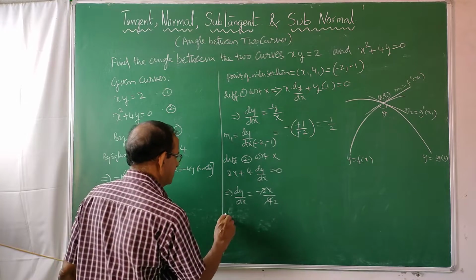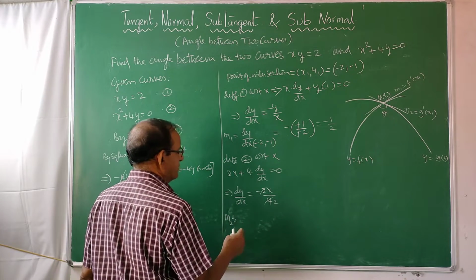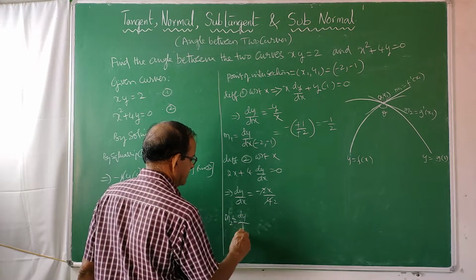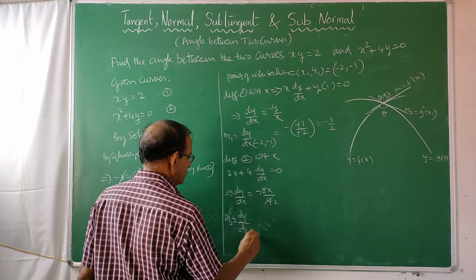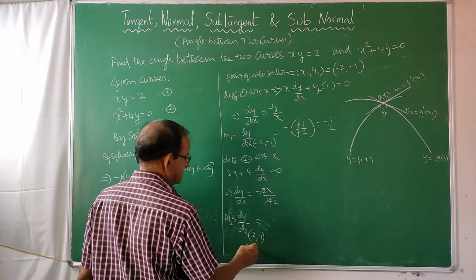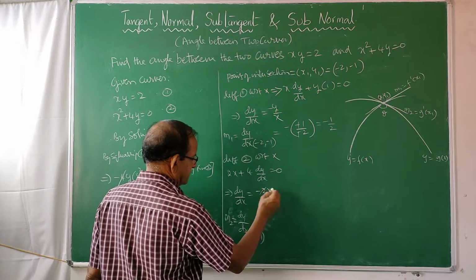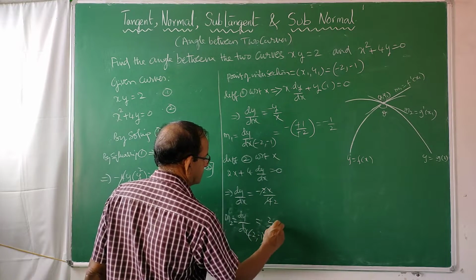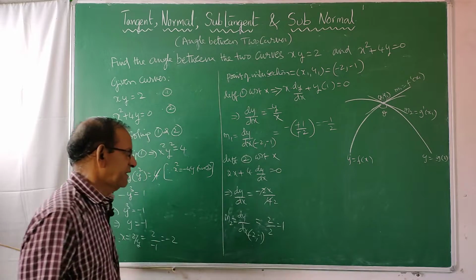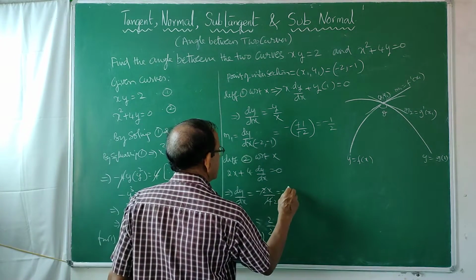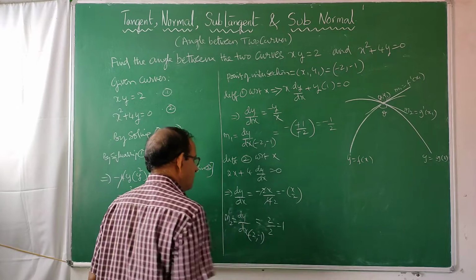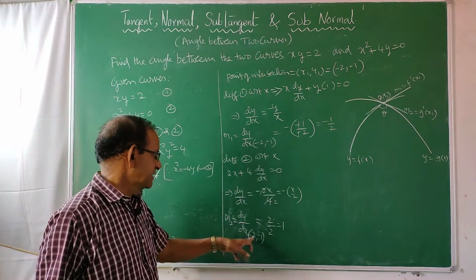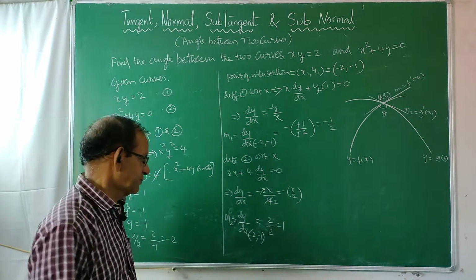So m2 is equal to dy by dx at minus 2, minus 1. In place of x you have to write minus 2. Minus of minus 2 by 2, that is equal to 1.